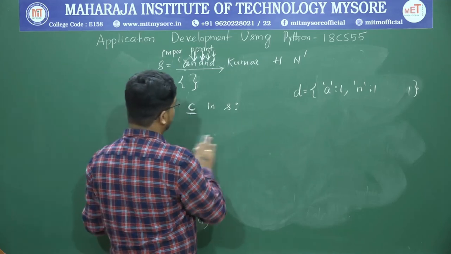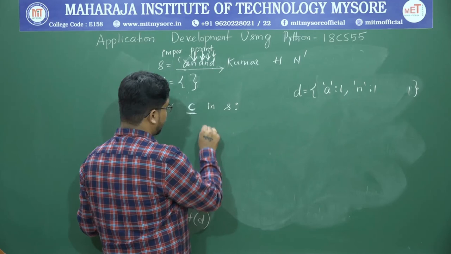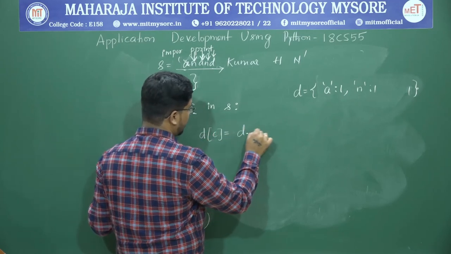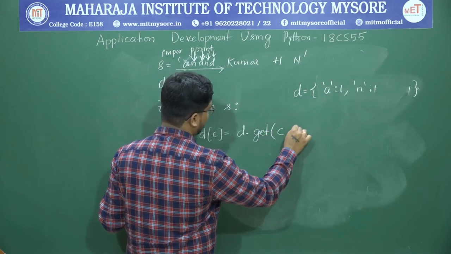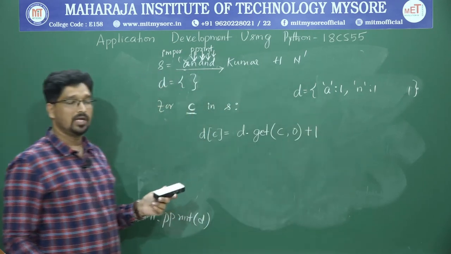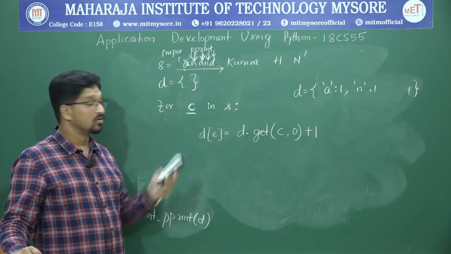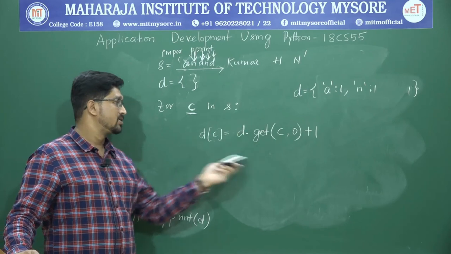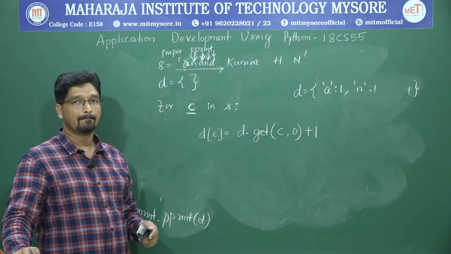Then what you will do? You will say d of c is equal to d dot get of c comma 0 plus 1. So a single line of code. How to understand this? In the previous example, if and else was very simple, but here it is merged into only one single statement.